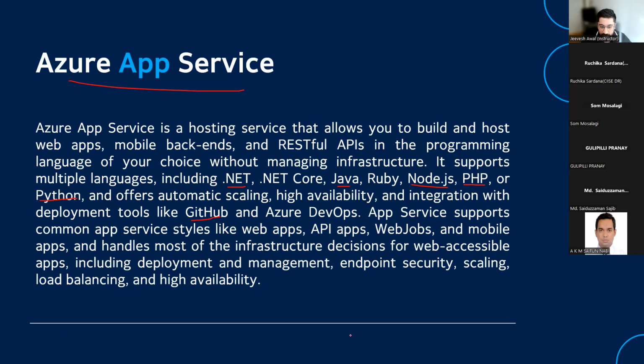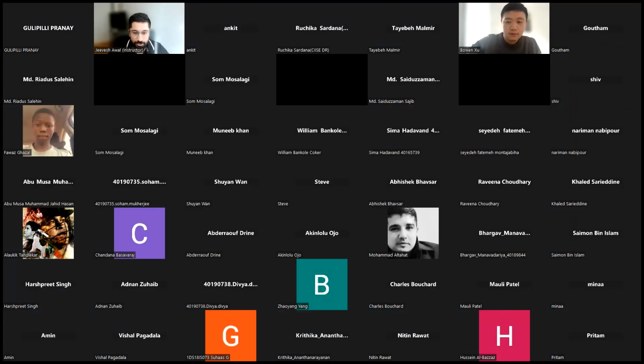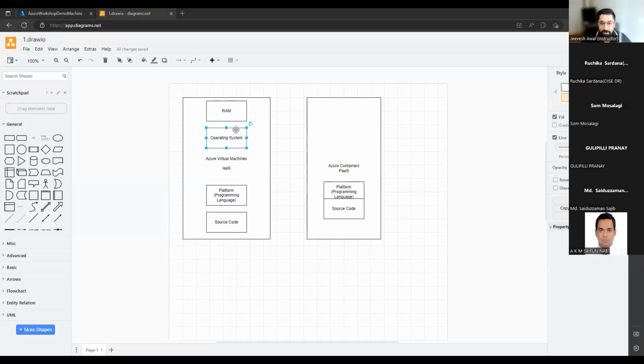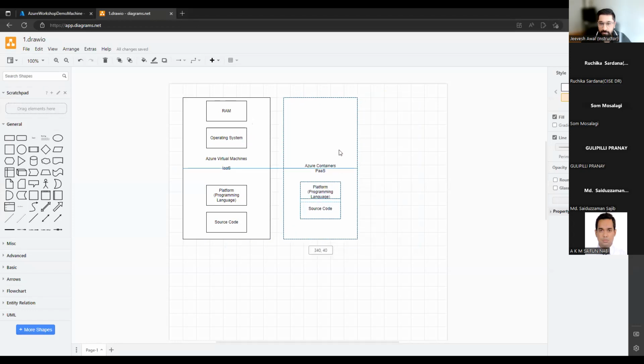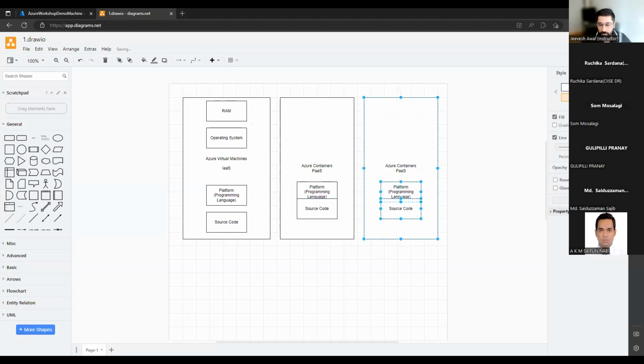Let me go back to sharing my draw.io screen. As we were talking about virtual machine, we were talking about Azure Container. Here we have another third one, which we were talking about, Azure App Service.